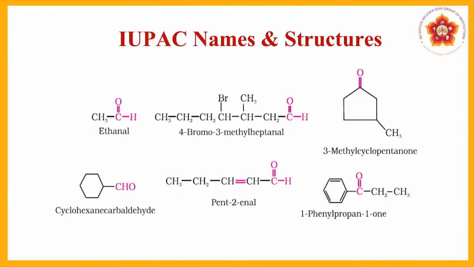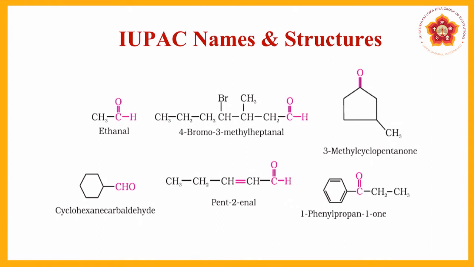Moving to the next example, cyclohexane carbaldehyde, because in that compound a 6-membered cyclic ring is there and the aldehyde is not part of the cyclic ring. It is rather present outside it. So for a clearer understanding, let me take two different examples.